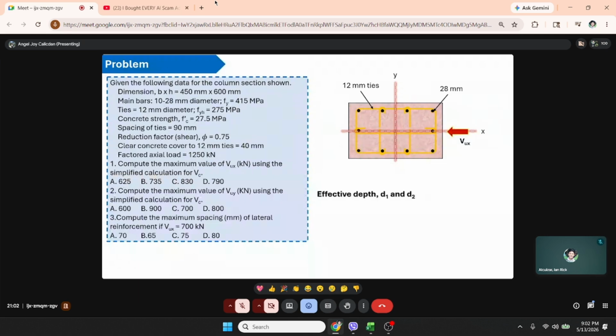So, shear along X and shear along Y. This is the dimension, 450 by 600, and here is d2 and here is d1.